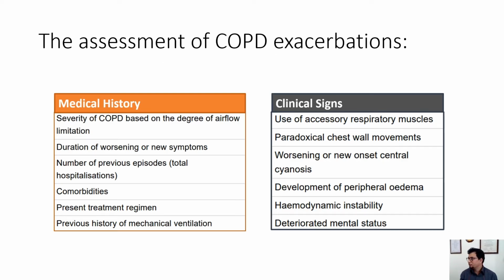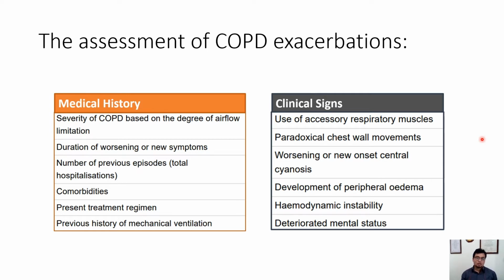So the assessment of COPD exacerbation is done by either medical history or clinical signs. Medical history should focus on questions which can assess the severity of COPD based on the degree of airflow limitation, the duration of worsening, and new symptoms should also be asked.